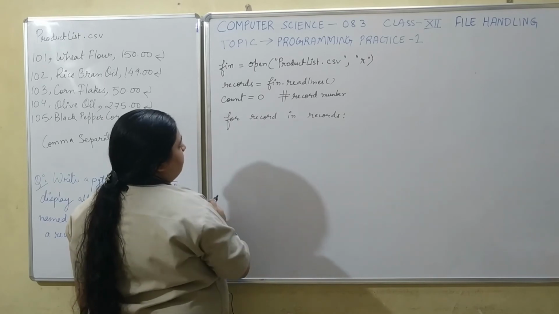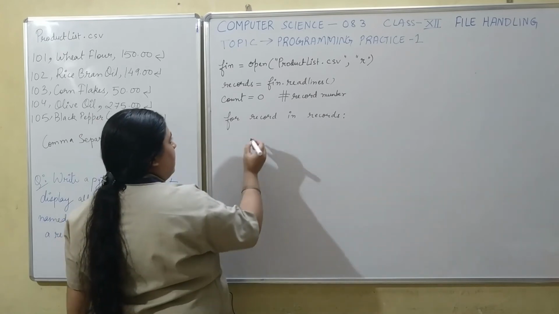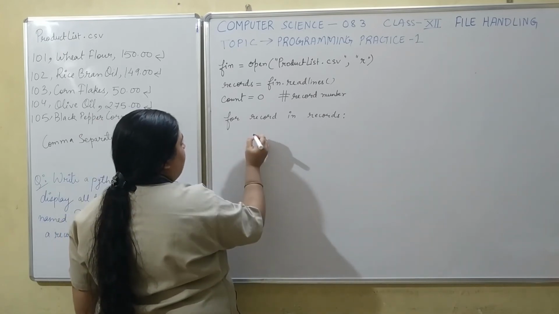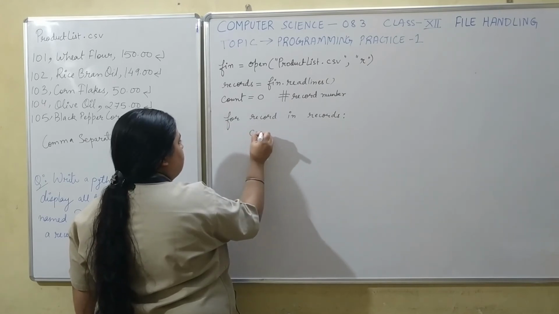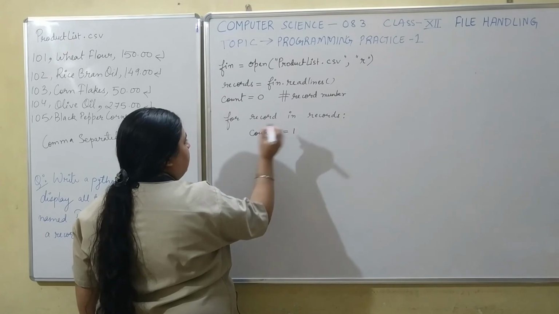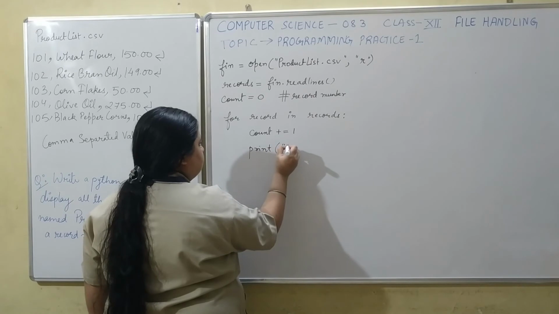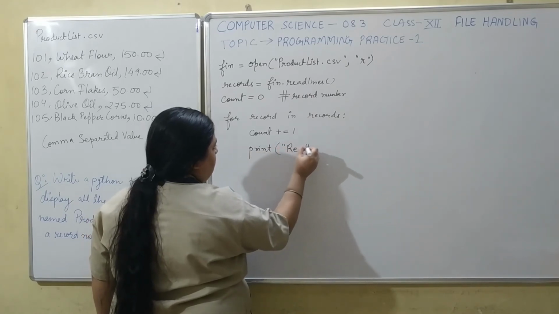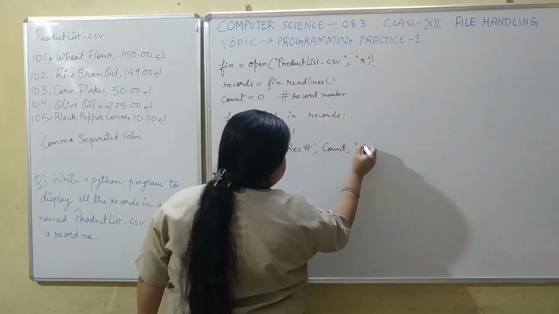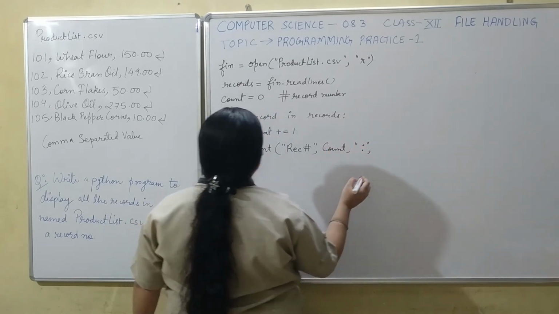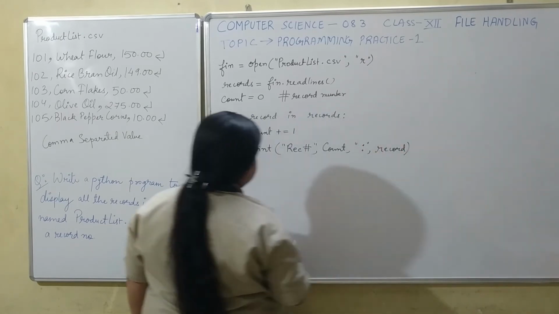Once you read one record, one record would be there in record. Now I have to display this, and before displaying it I also need to display the record number. So I will be incrementing the value of count and printing the record number as count, and I will be displaying record.